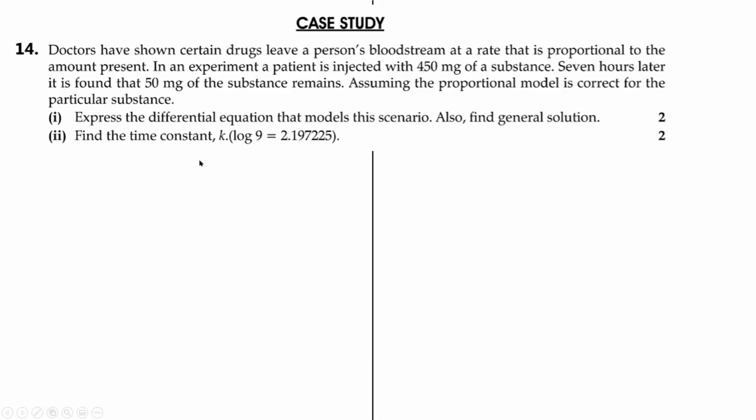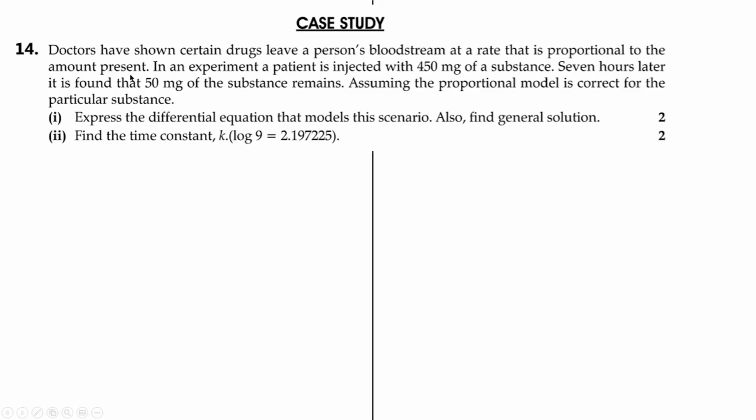Find the time constant K. So here it is said certain drugs leave a person's bloodstream at a rate which is proportional to the amount present. And in an experiment, a patient was injected with 450 milligram of a substance, and 7 hours later it was found that 50 milligram remained.